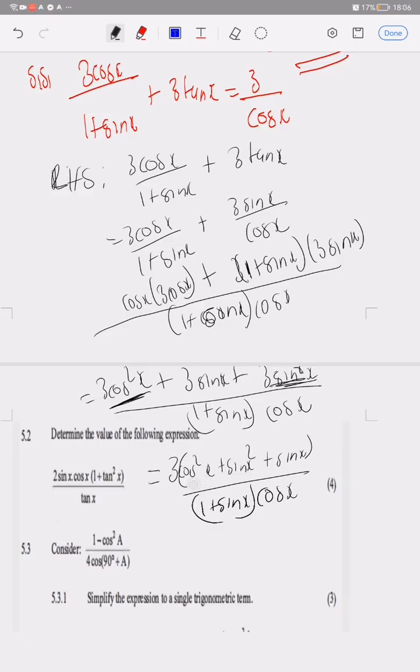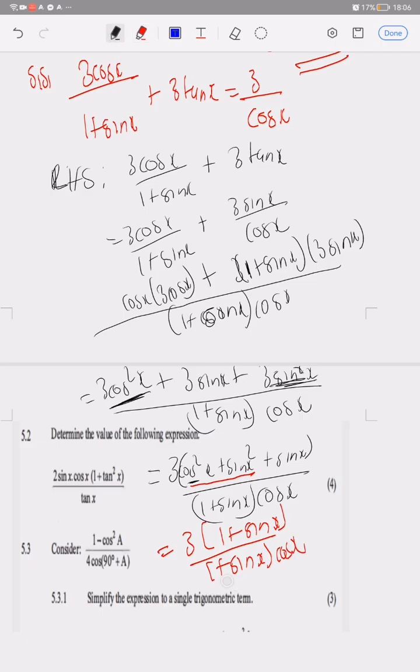So from there, I know this one. Do you see this one? This one always represents a 1, right? So I'll have 3 bracket 1 plus sine x over 1 plus sine x cos x.